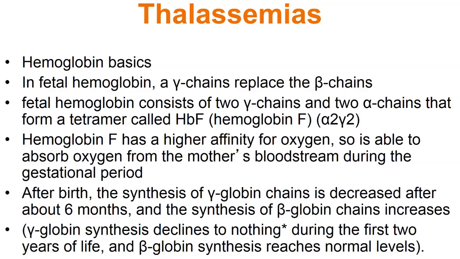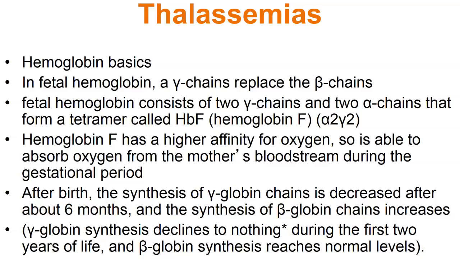Okay, in order to understand what's going on with thalassemia and how the disease is going to present, you also have to understand a little bit about fetal hemoglobin. So in fetal hemoglobin, you have these gamma chains that replace the beta chains. Fetal hemoglobin has alpha 2, gamma 2 instead of alpha 2, beta 2. And that's because that hemoglobin, HbF, has to be able to get oxygen from the mother, who already has normal hemoglobin, HbA, right?